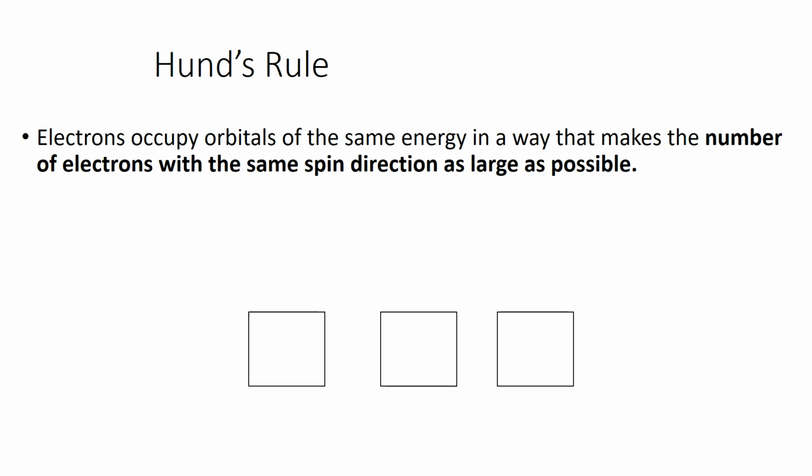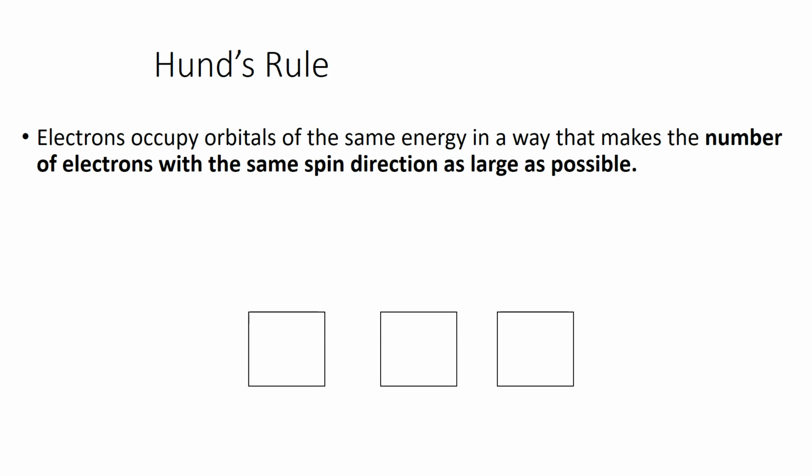We already talked about this and mentioned it, but Hund's rule says electrons occupy orbitals of the same energy in a way that makes the number of electrons with the same spin and direction as large as possible.